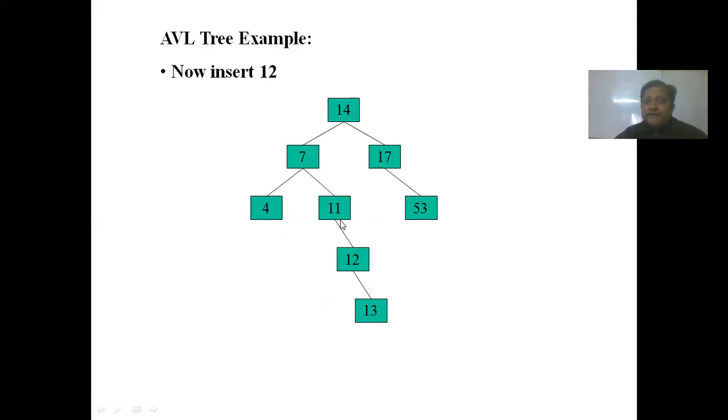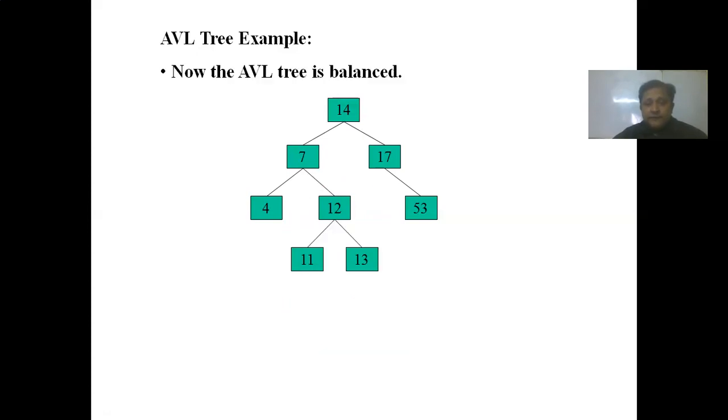Then we have to remove this by a simple left rotation of 11, or we can say anti-clockwise rotation of 11, for right-right imbalance. As we have seen in the last videos, we have to go for the left or anti-clockwise rotation of 11. So now just this.